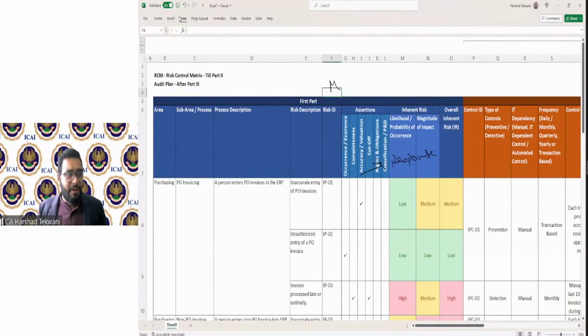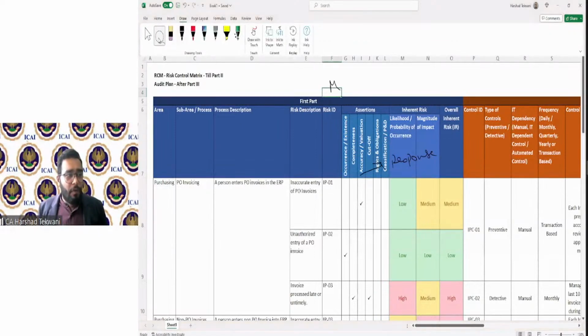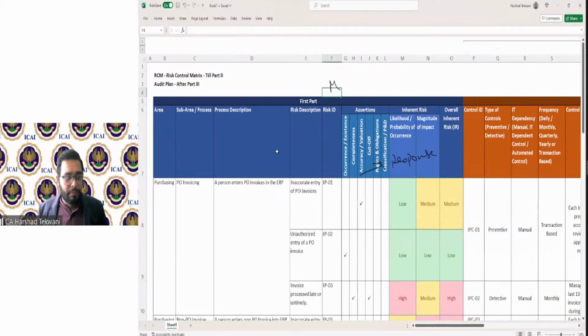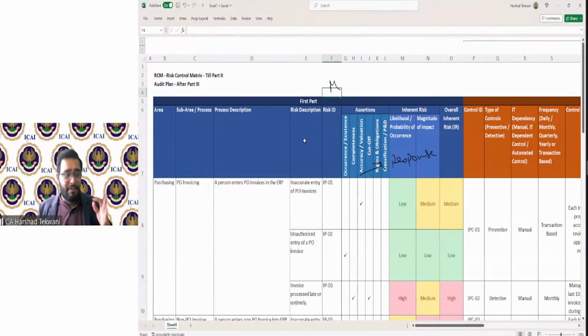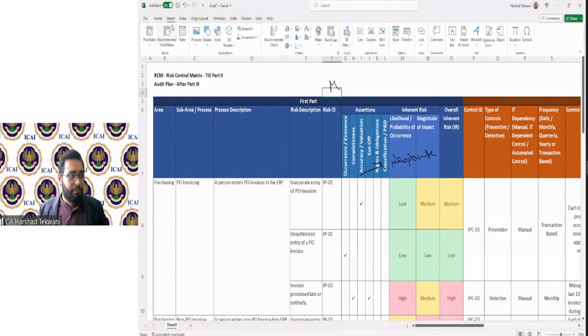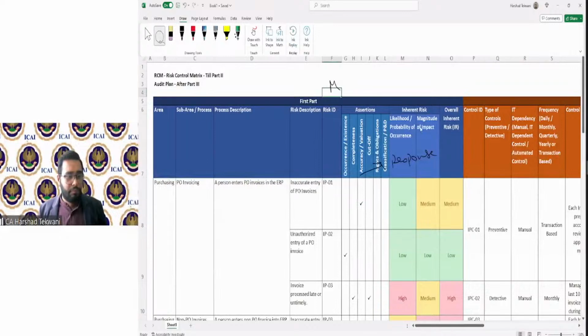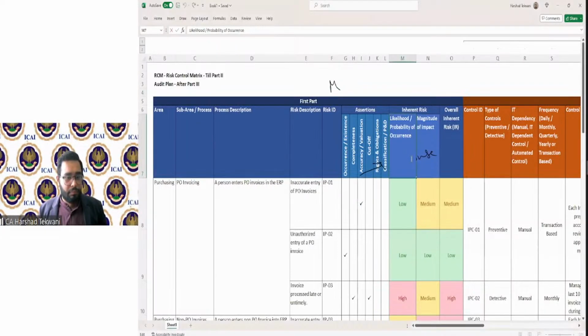You identify the risk and then you identify at what assertion it is impacting. Are you getting the point? That is the risk of material misstatement at the assertion level. Any doubt, guys? Any doubt?